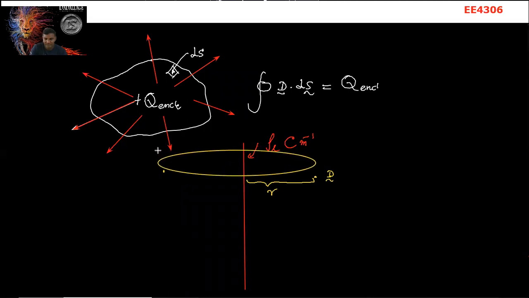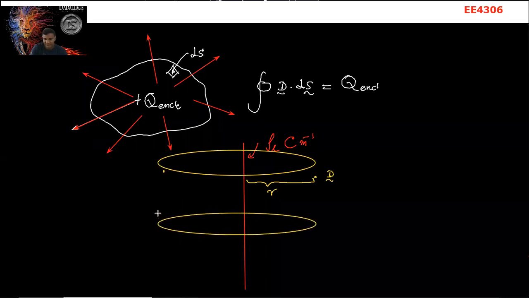Here I will select a cylindrical type of Gaussian surface, with the point of interest on the surface of this Gaussian surface.